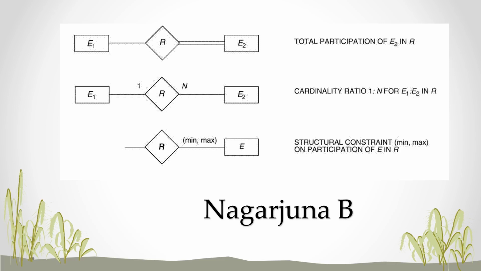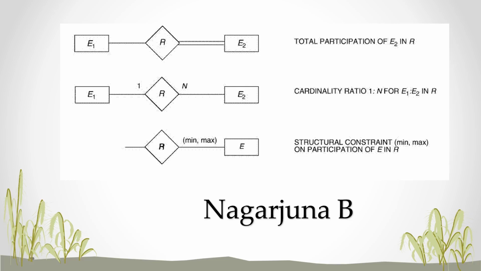Then we say that there is a total participation of E2 in a relationship R with E1.